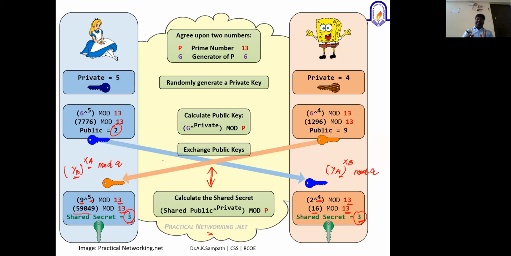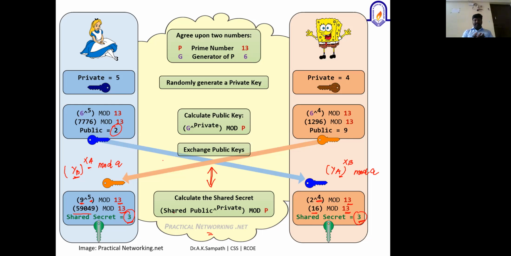By name it says Diffie-Hellman key exchange algorithm, but there is no such exchanging of the secret keys. With the help of the other information, both users generate a secret key which is going to be used for subsequent encryption as well as decryption.